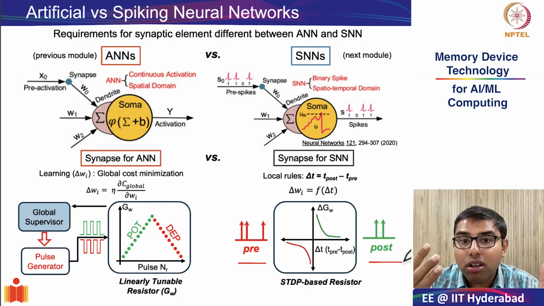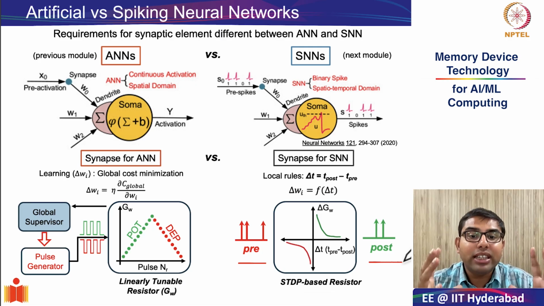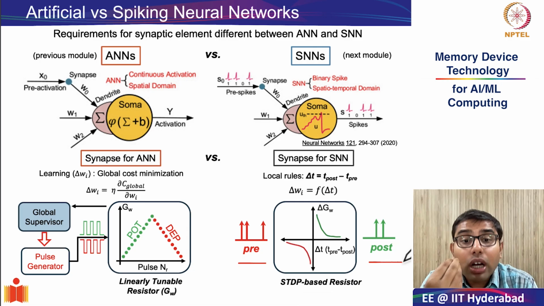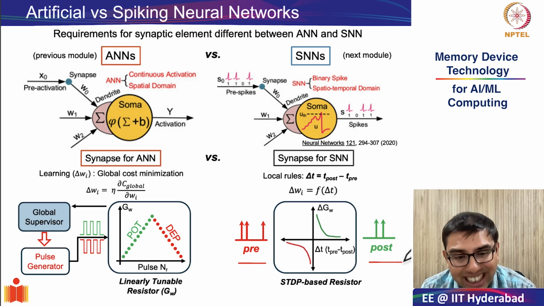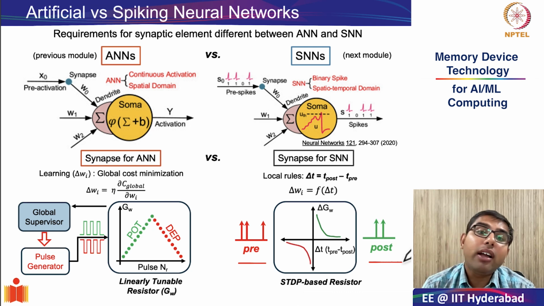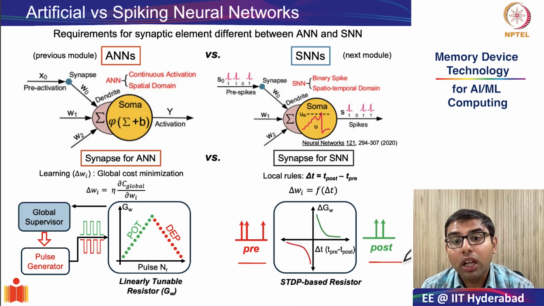So in SNNs, the synapse just needs to be an STDP based resistor where the conductance of the device, which is a representation of the synaptic weight, will change just depending on the firing of the pre and post synaptic neurons.